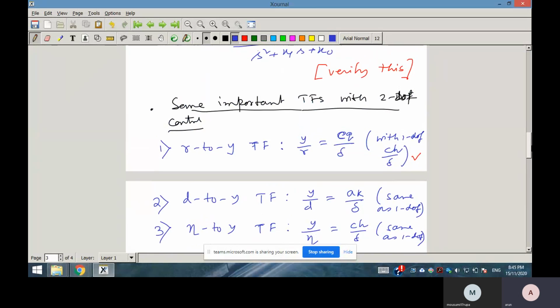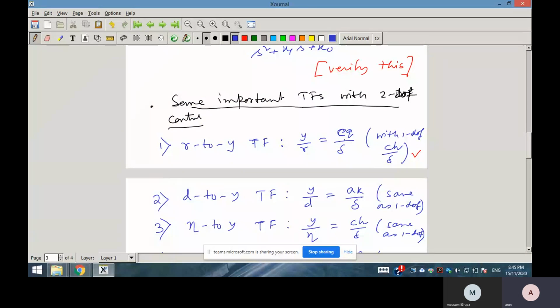Why? Because you can easily see what TYR is. TYR is CQ by delta.